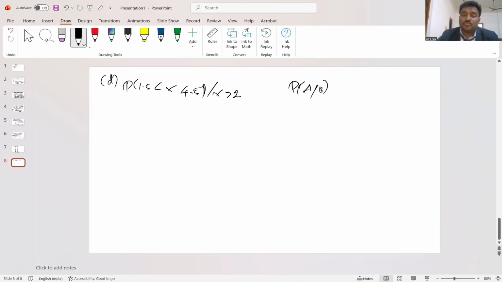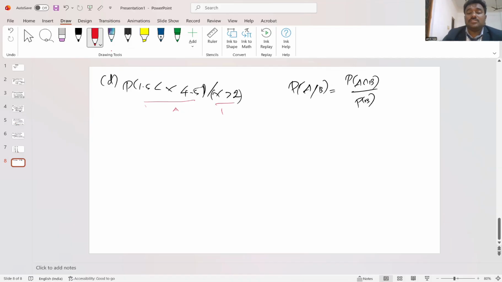With that statement, I am putting one more condition, so it becomes a conditional probability. The formula for this is probability of A intersection B by probability of B, right? Here A is 1.5 to 4.5, and x greater than 2 is our B.